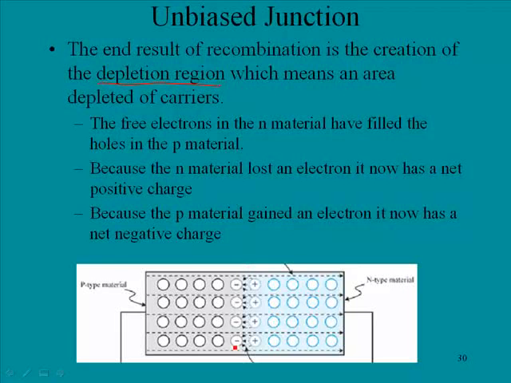But this region is now depleted of carriers, because right in the area of this junction, those electrons that were able to move did move, and the holes which are able to serve as transport for electrons, they're all full of electrons. So we have a region that is depleted of carriers, and it actually has a potential voltage across it.